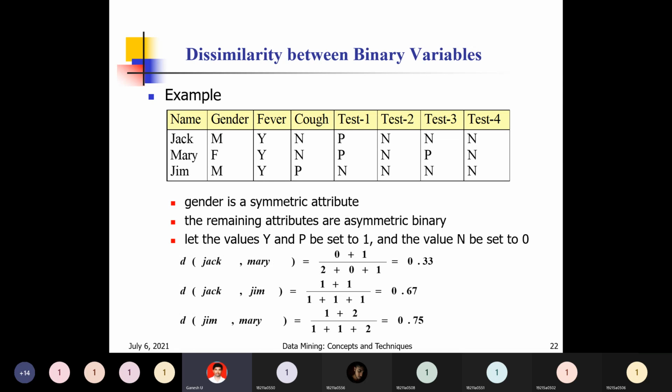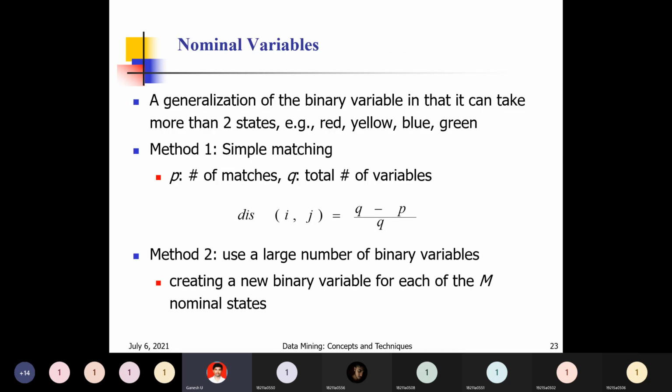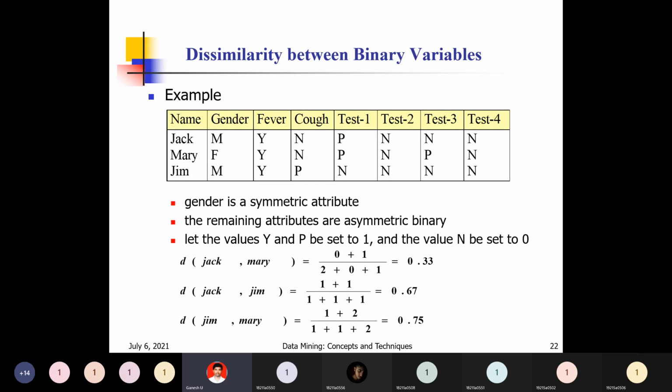So how to find the dissimilarity, I hope you understood. For two different objects you take the values. R means 1 0, S means 0 1, P means 1 1, and so on.